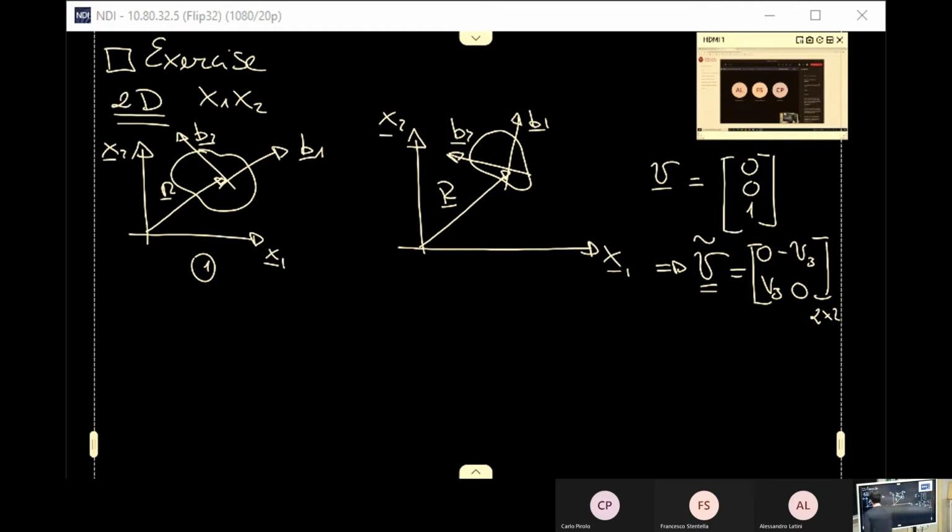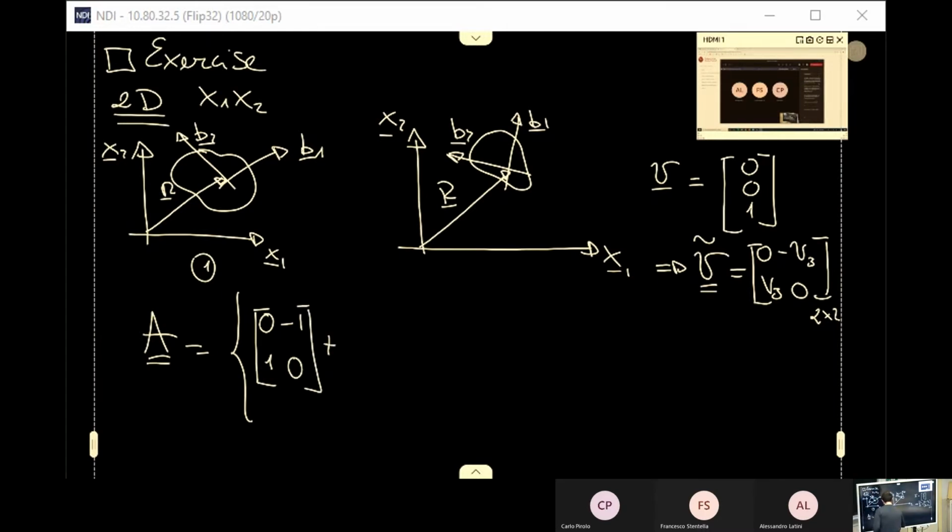So now let's implement Rodriguez formula and write our transformation matrix. So first we have V tilde. So we have 0, minus 1, 1, 0. Okay?